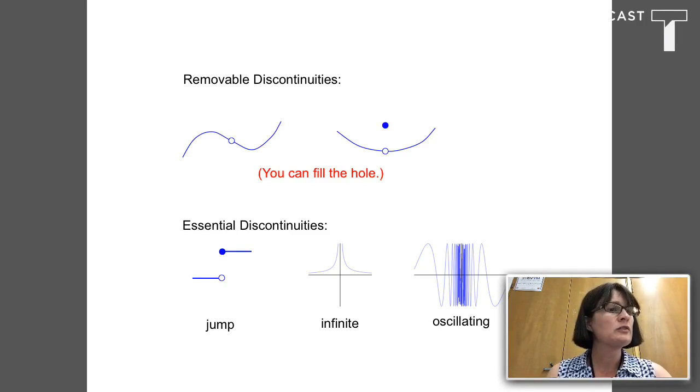There are different types of discontinuities, different ways a function can be discontinuous. I'm going to ask you to label those 3 graphs at the top of your notes page. One type of discontinuity is this one where I have a hole. Here I could try to draw along here, but I've got a hole.